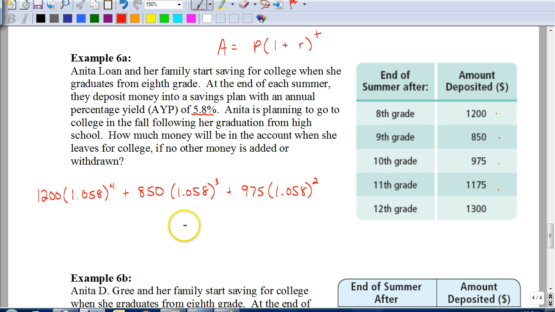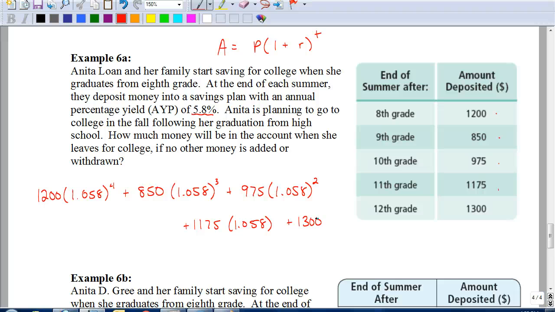And then her 11th grade year would be $1,175. That's just going to sit in there for 1 year, so that's going to receive a little bit of interest. And remember, that $1,300 that's given to her right before she enters college is not going to even have time to sit in her account, so it's not going to gain any interest. So we don't have to figure that in. It's just going to be just the plain old $1,300.